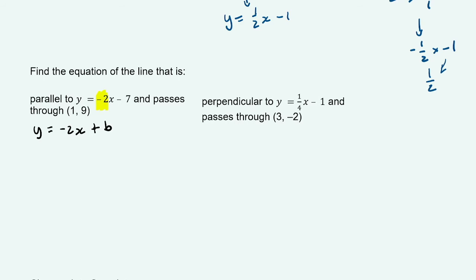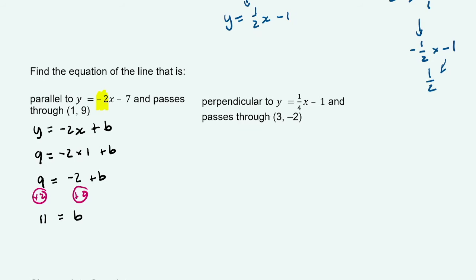So now I can substitute in and I get 9 equals minus 2 times 1 plus b. The 9 is going to stay the same for now. Then we're going to have minus 2 plus b. Using all my algebra skills, I'm going to add a 2 to both sides this time. And that is going to get me to 11 equals b.